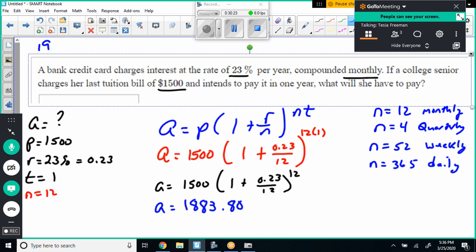That's it, this is the answer right here: 1883.80. It actually came out to be 79.795, so 79 and a half cents, which rounds up to 80 cents, right?